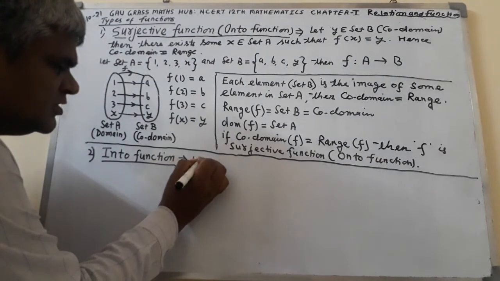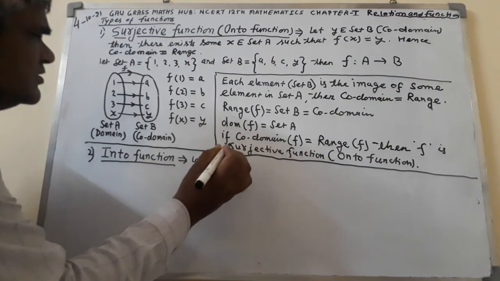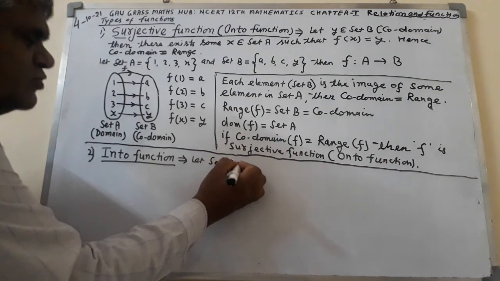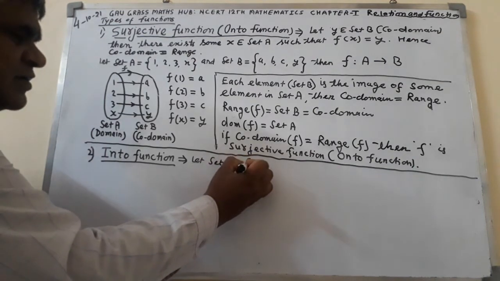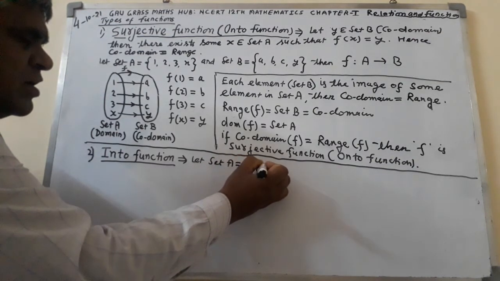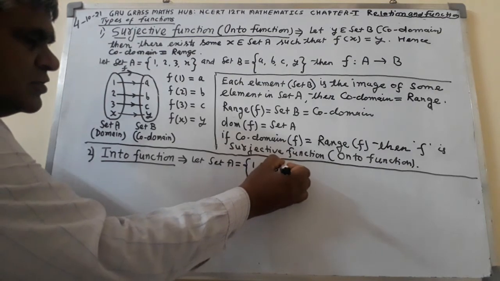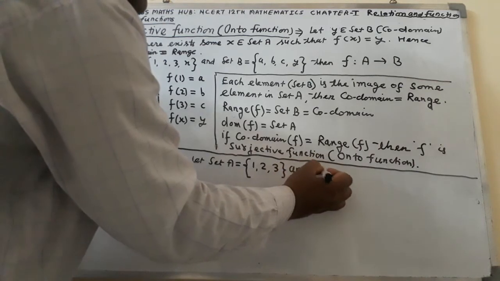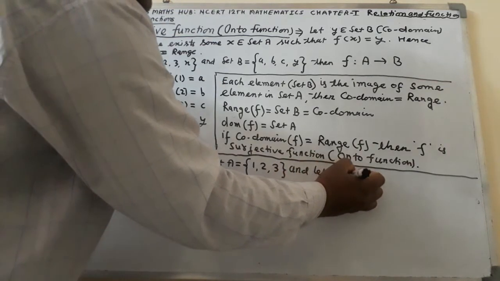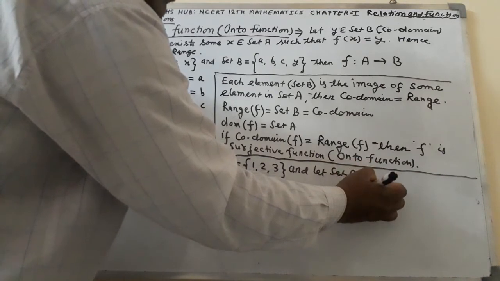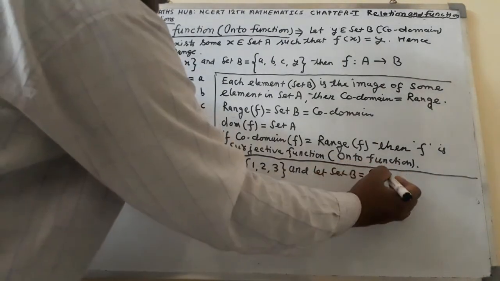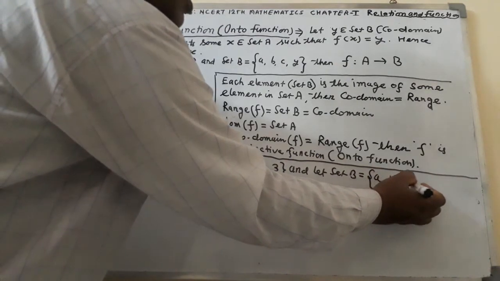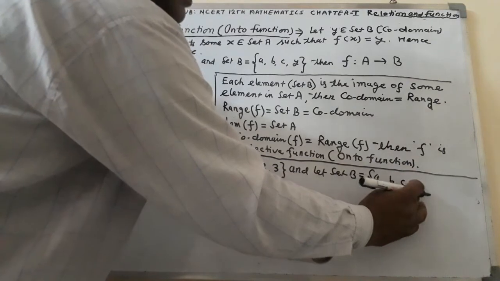Let set A equal to the elements 1, 2, 3, and let set B equal to the elements a, b, c, y.